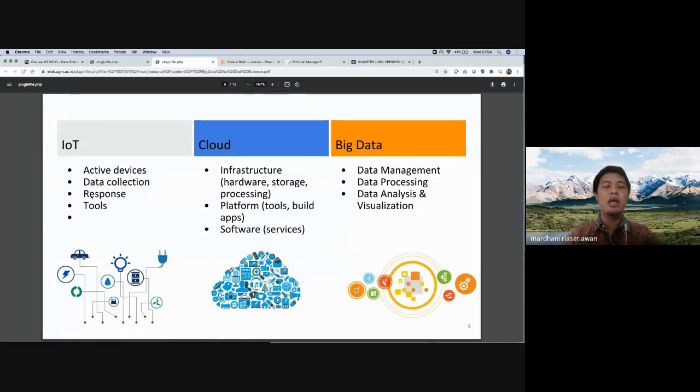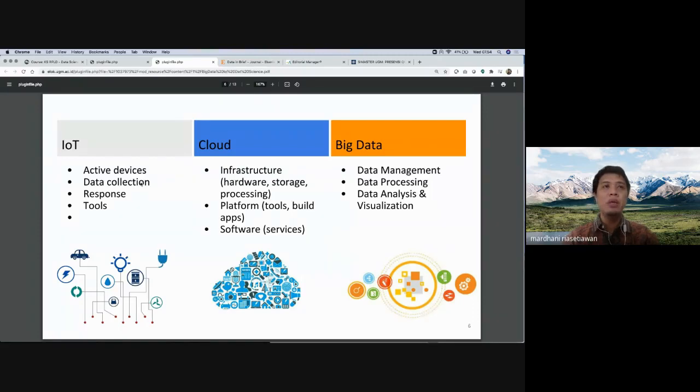The response means that if the environment changes, the Internet of Things will respond, collect the new data, and send it to the server, for example. That's how the Internet of Things works.